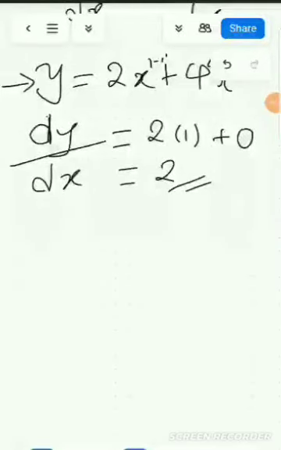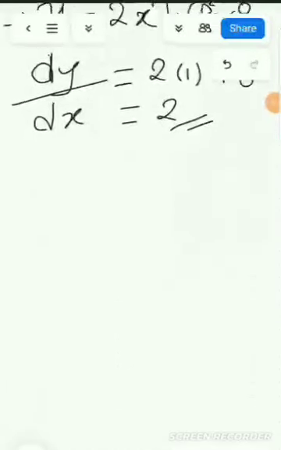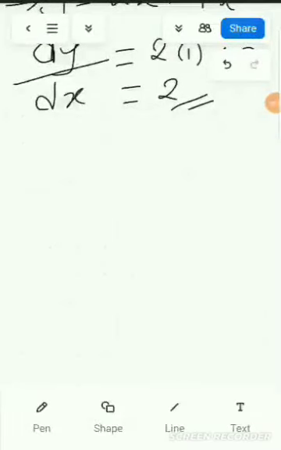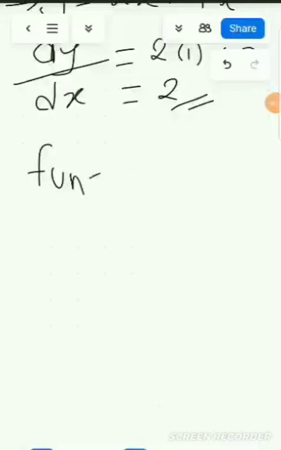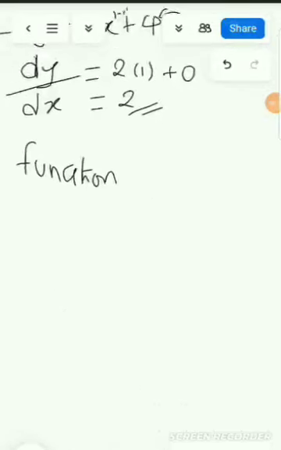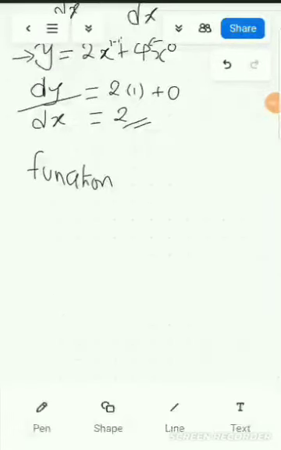Now, there are some basic differentiations that we need to understand. What are these? So we'll say function, and then we are going to say derivative on the other side.